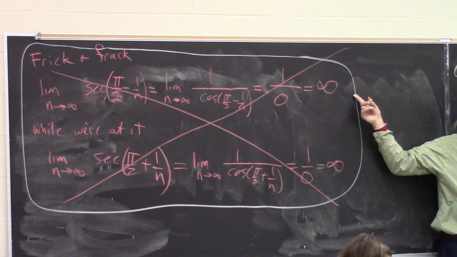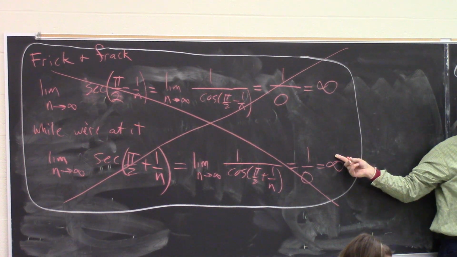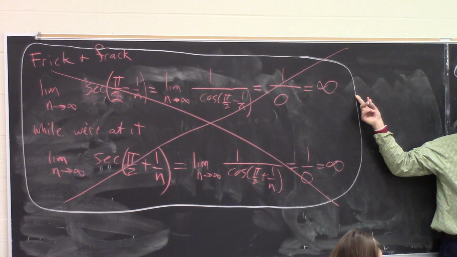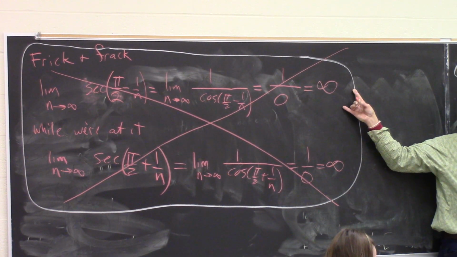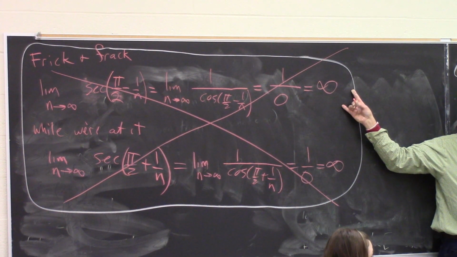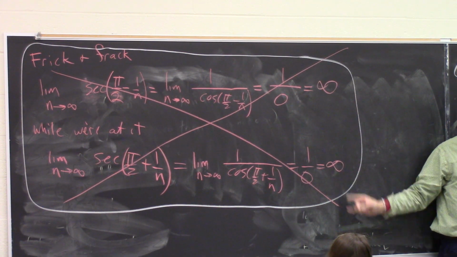Well, no. If you happen to get the right answer by a method that just as often is going to give you the wrong answer, it's not a valid method. The fact that they happen to get infinity means nothing. So this kind of solution on a quiz or exam is worth nothing because it does not convey how the limit works. The limit doesn't work this way because that way just gives you the completely wrong answer sometimes.